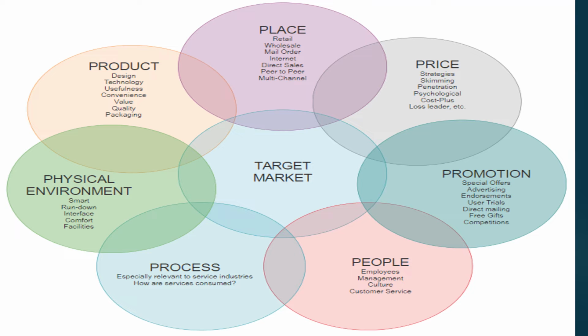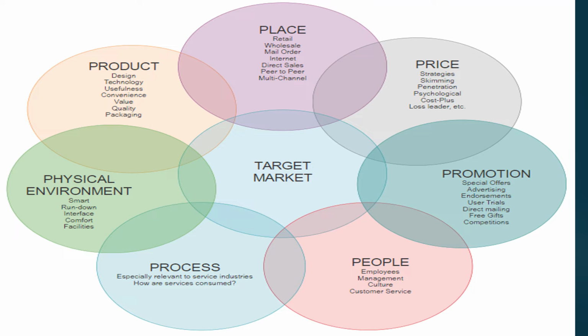Service is intangible, but there are certain tangible elements which are present in services. Like for example, in a hotel, we see the quality of the menu card, the furniture there, the ambience, the atmosphere, the cleanliness. So these are physical elements which may be called as physical evidence.